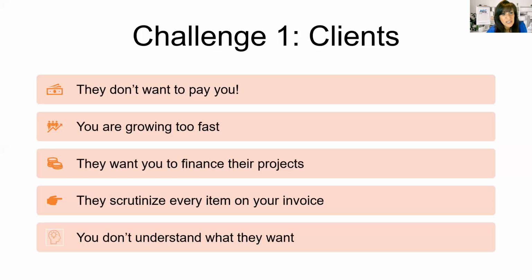But if you really think about it, the reason they scrutinize every item on your invoice is because you haven't presented the information in a way that's going to, number one, give them no excuses not to pay you, and also just making sure it's the way they want it, right? Because they want the information a certain way. If you don't give it to them that way, then they're going to hold up your payment.